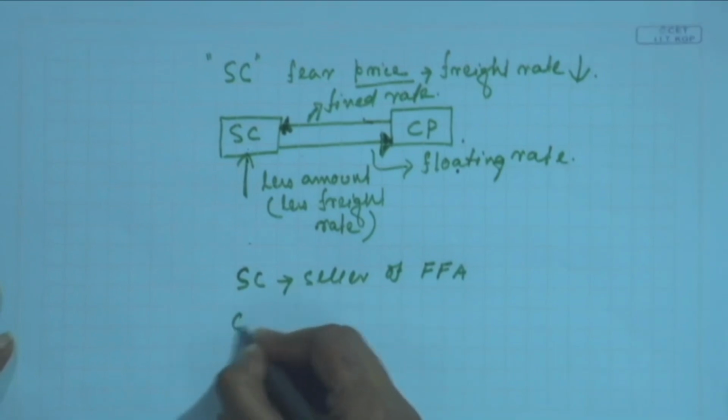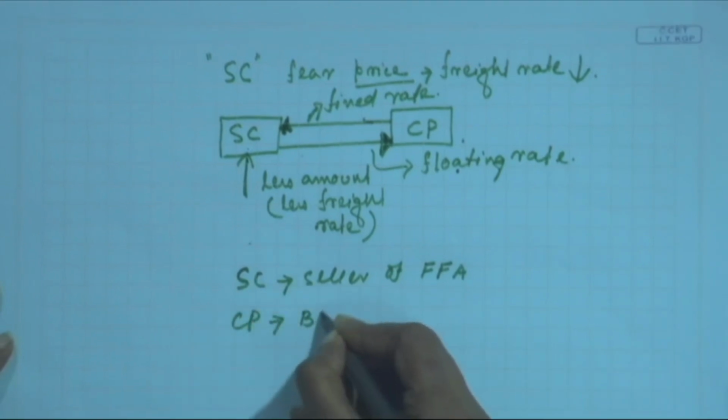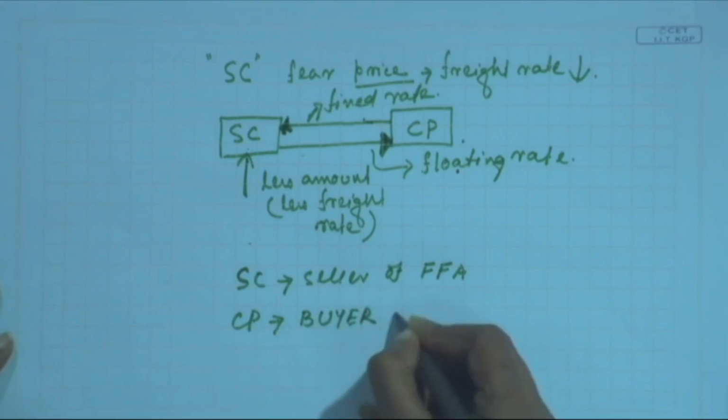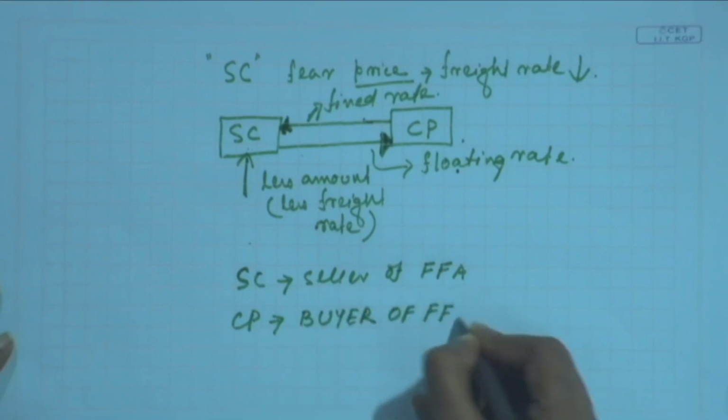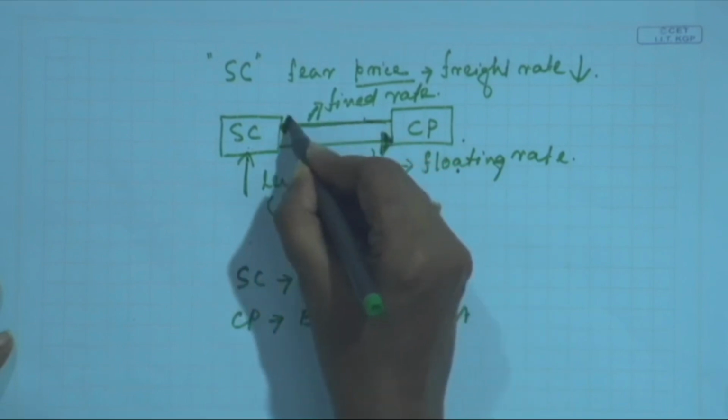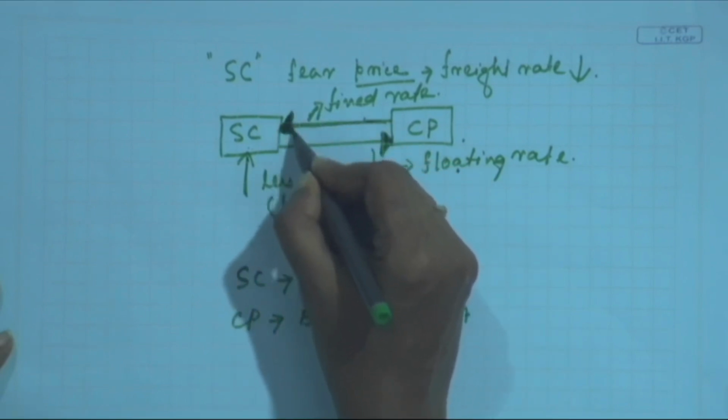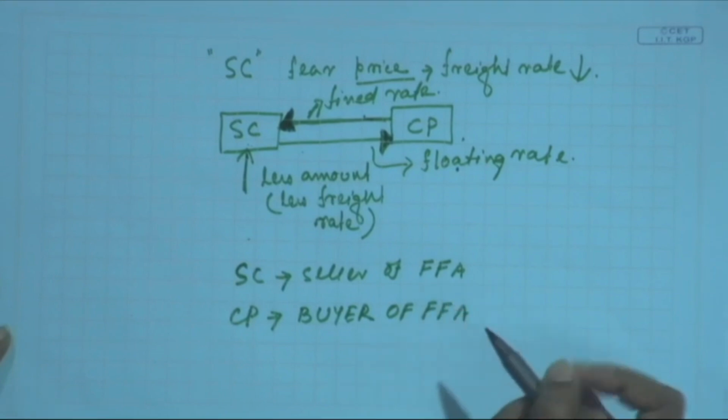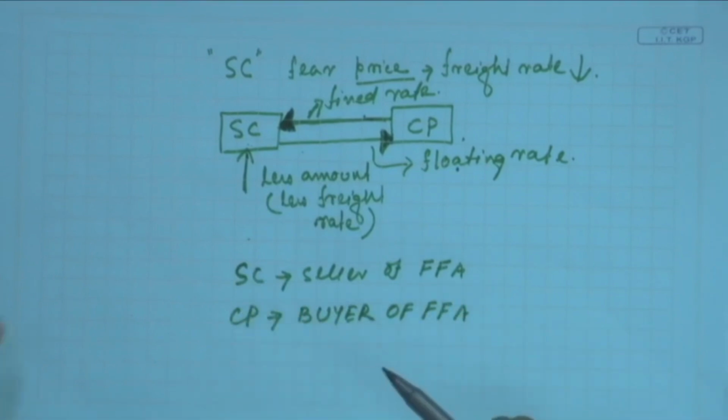and the counterparty is the buyer of the FFA. As you remember, the buyer is the party which pays the fixed. So in this case, CP is paying the fixed amount to the shipping company, hence CP is the buyer of the FFA and SC is the seller of the FFA. And all this buying and selling of FFA is done through the OTC market, but all these transactions are cleared at the exchange platform, that is your Baltic Exchange platform.